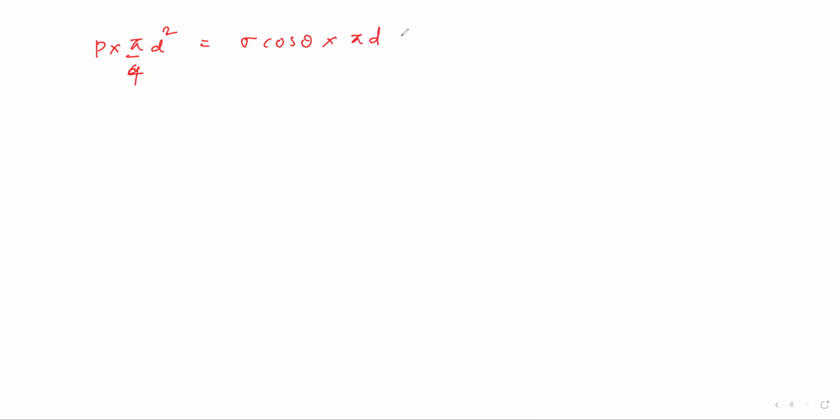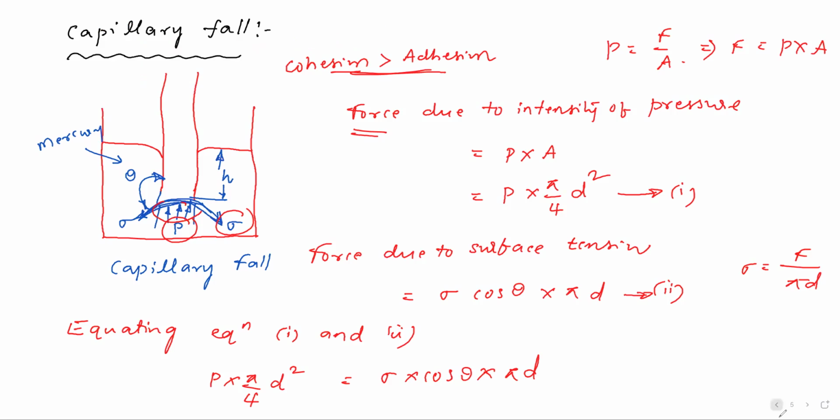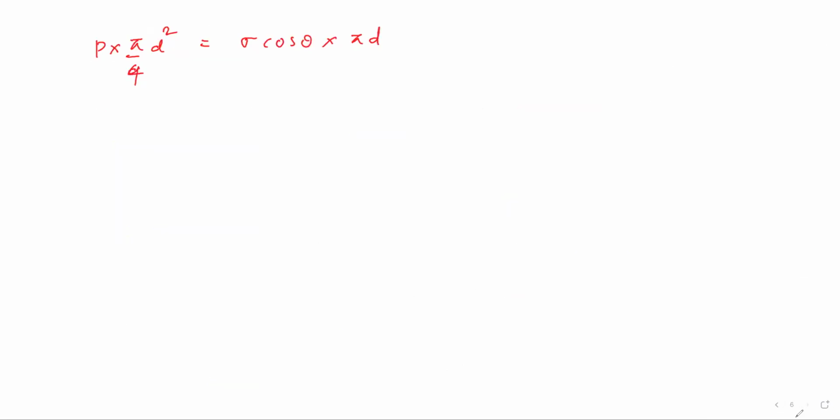So here again, what we need to calculate in this particular depression or fall is h, that is the height of the liquid fall, right? Now we know the pressure is also equal to rho into g into h, into pi by 4 d square, which is equal to sigma cos theta into pi into d.